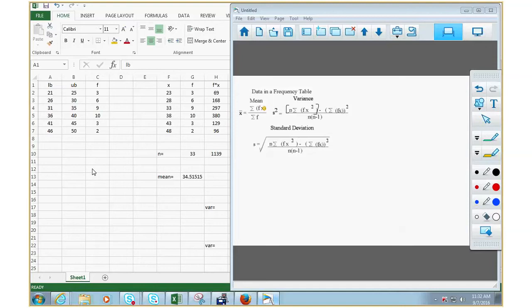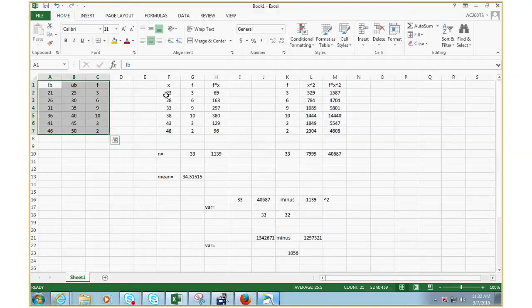And that's what I got over here. Here's your answers right there. Check your answers with mine. I want you to physically go through and take 21 plus 25 and divide by 2, 26 plus 30 divided by 2. But you actually go through and do that.